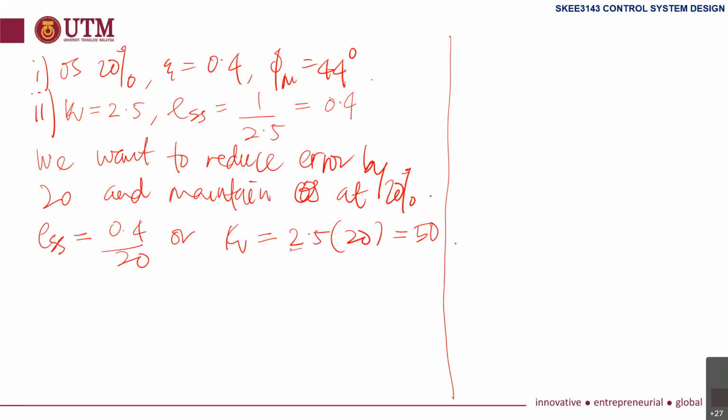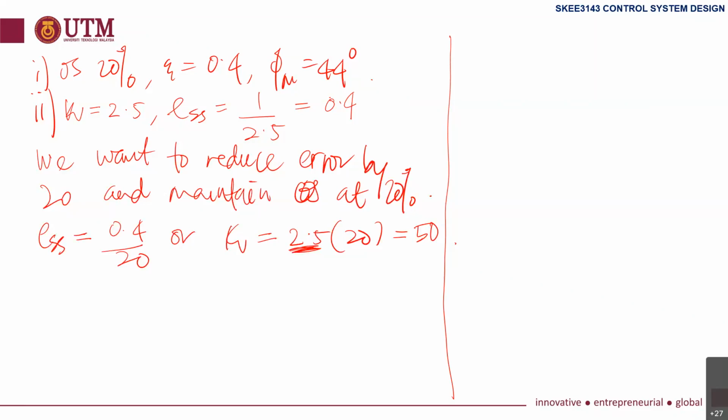Again, this value will depend on your result, your graph. In the one that I did before, it was larger than 2.5, about 5. But it depends. I think the correct one should be more than 2.5. This is Kv 50.